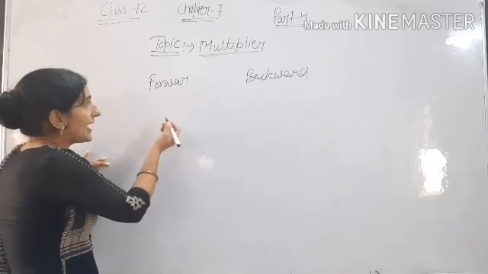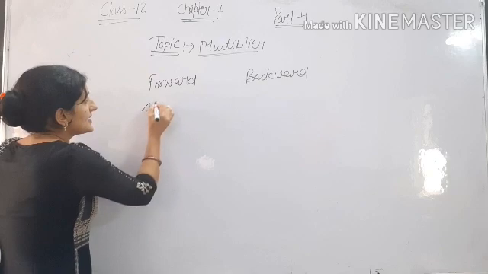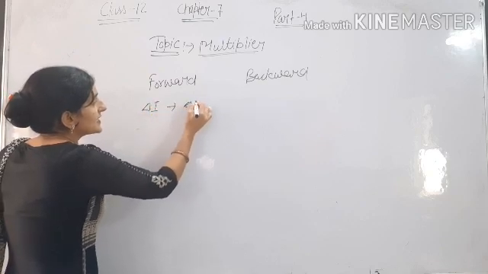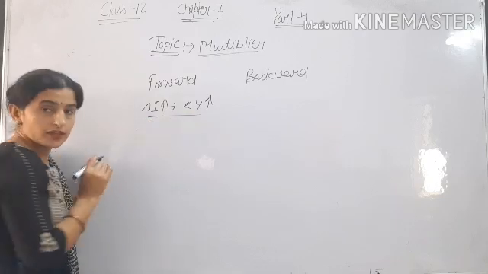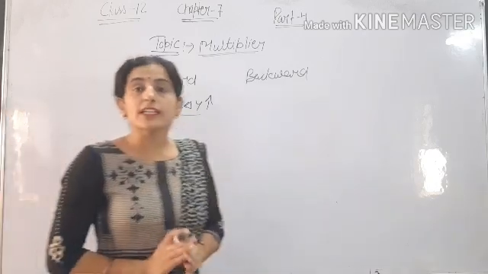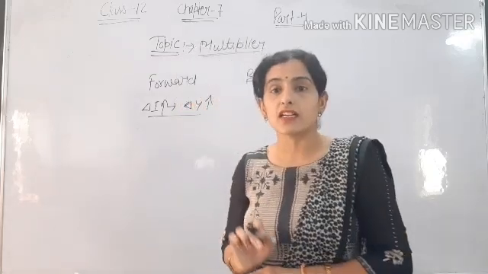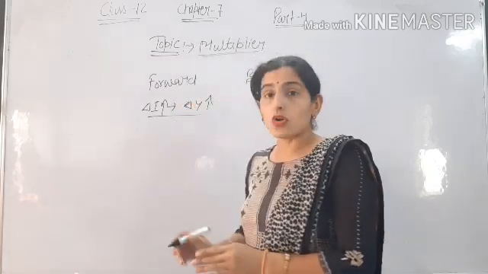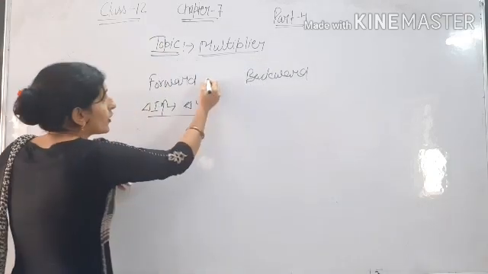So due to the multiplier, an increase in investment leads to an increase in income. That is forward action. It means that due to an increase in investment in the economy, there is an increase in income in the economy. That is called the forward action of the multiplier.